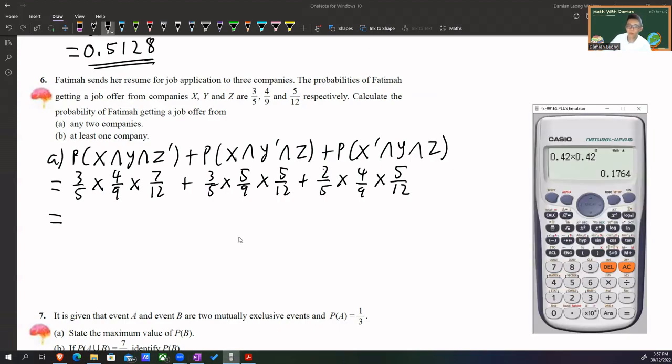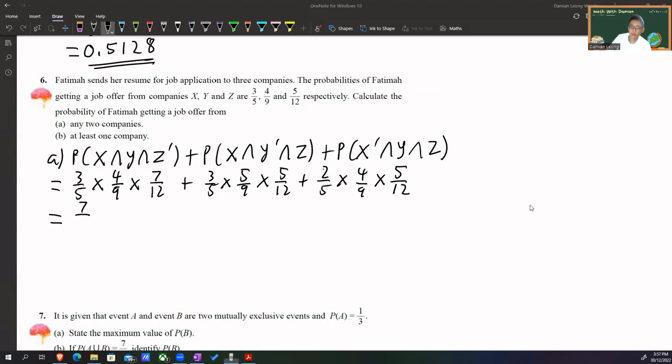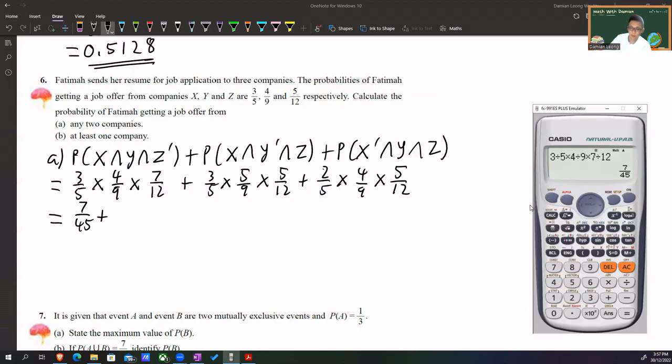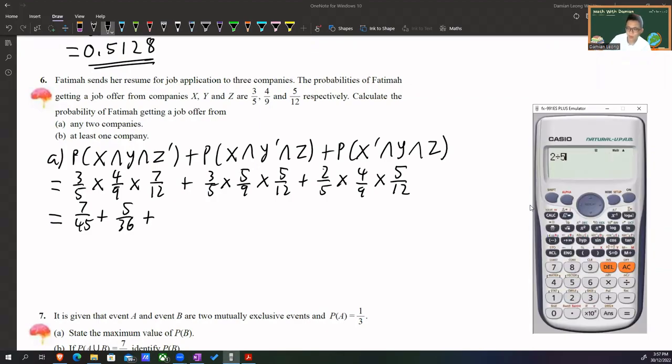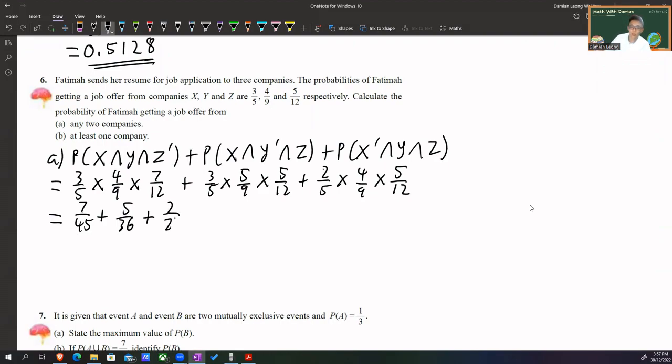So I calculate 3 over 5 times 4 over 9 times 7 over 12, 7 over 45. 3 over 5 times 5 over 9 times 5 over 12, 5 over 36. 2 over 5 times 4 over 9 times 5 over 12, 2 over 27.